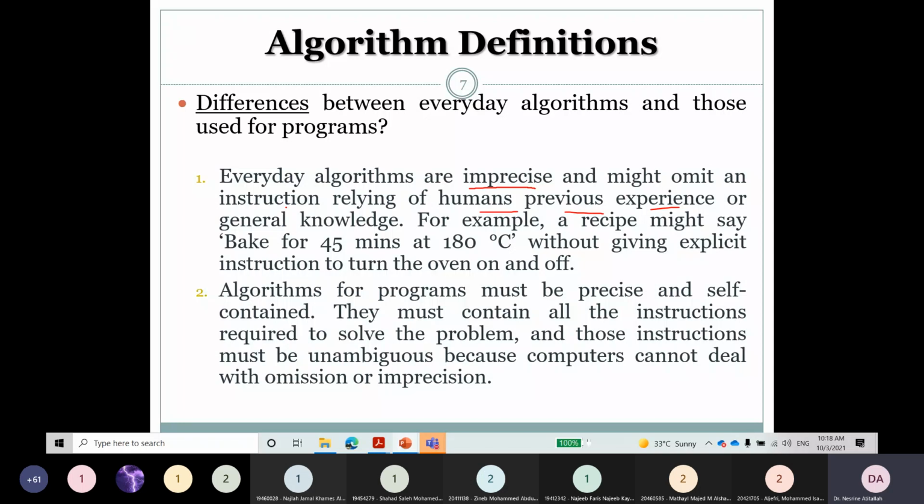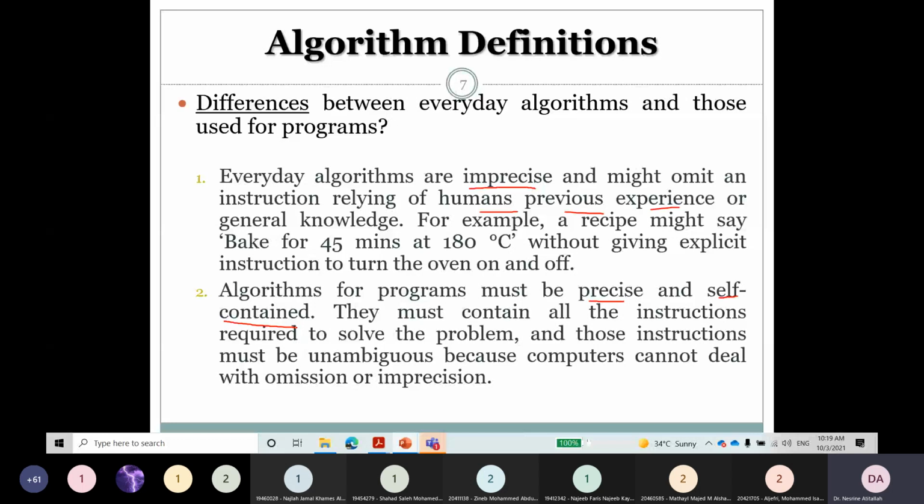Self-contained means that your algorithm must contain all the instructions required to solve the problem, independent. And those instructions must be unambiguous. It must be clear.